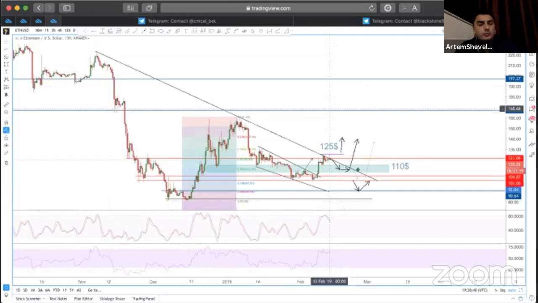They will try to put the price as low as possible with any tools that they have. The first, obvious tool is media, it's news, and the Constantinople hard fork is just news.